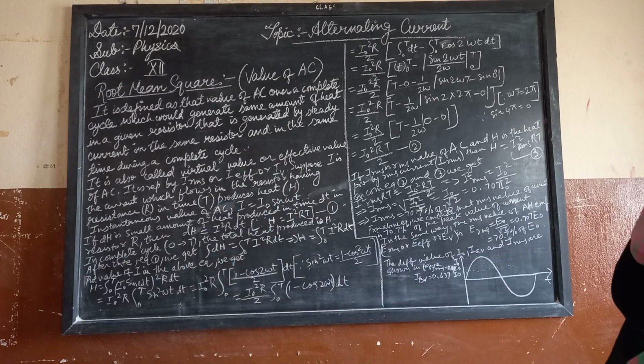It has been taken because heat generation is there in the system, and we have the complete cycle from 0 to T, and we have integrated that value, and we got 70.7%, of the peak value of the current itself, and from that peak value we have taken the IRMS and IAV also from this particular graph.